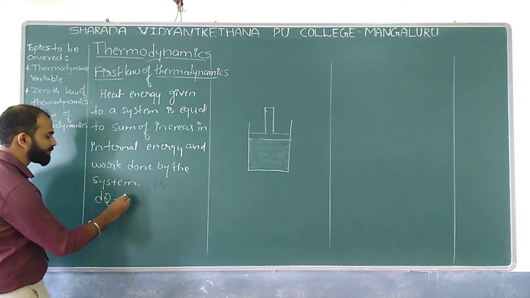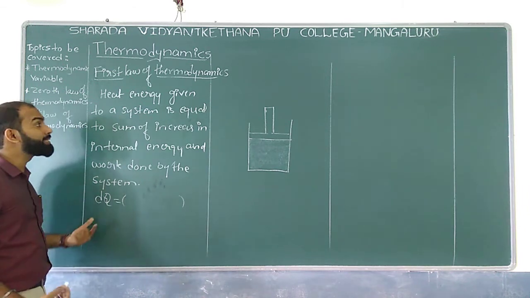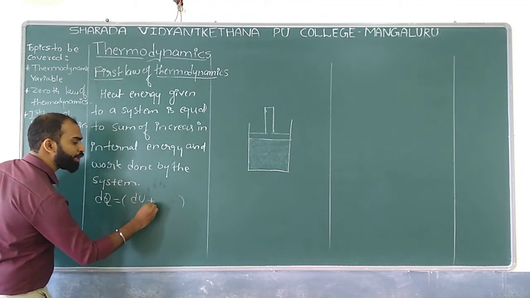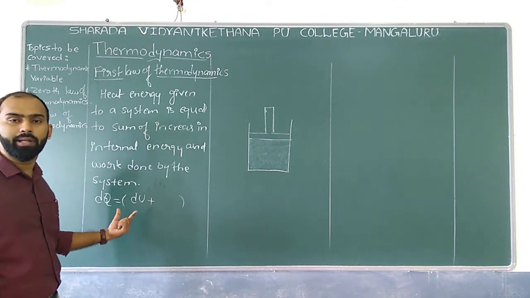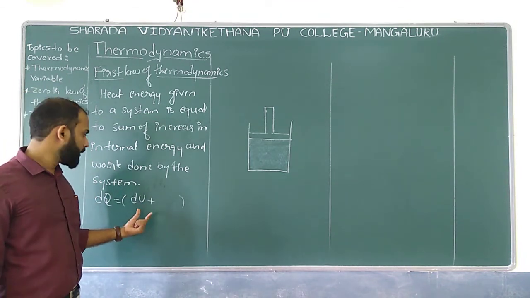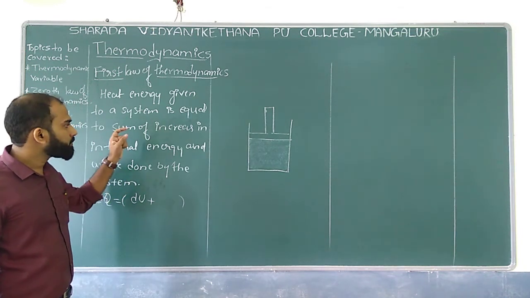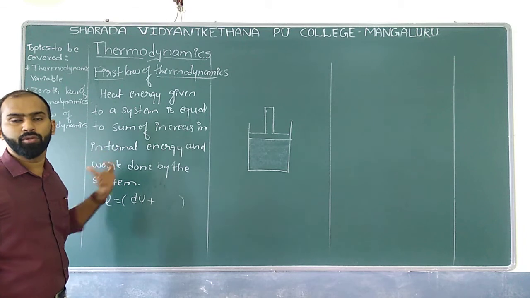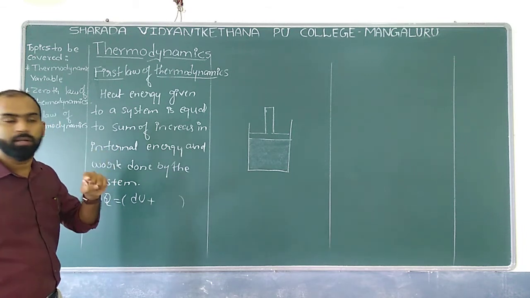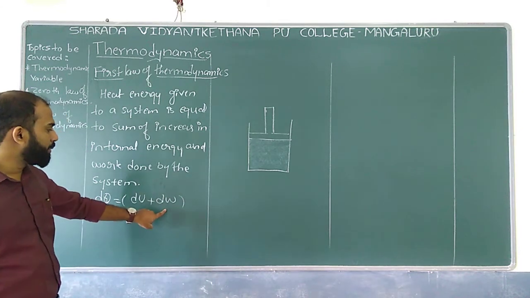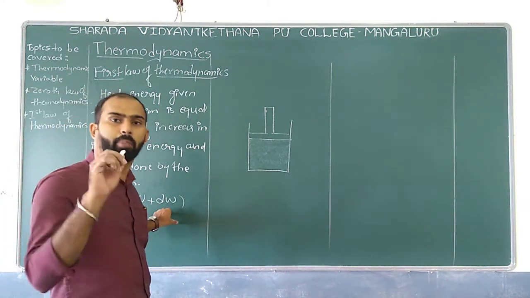One part of the energy is utilized to do what? Increase the internal energy, which means dU. dU indicates internal energy. And the remaining heat is utilized to do work done, which is dW over here. dW is nothing but work done by the system.